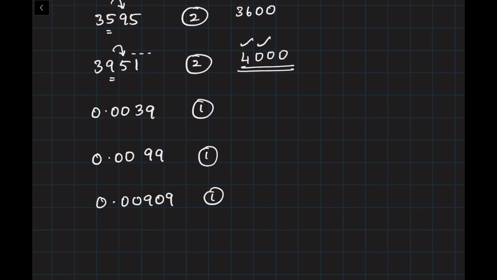Understood? So this is a special number which you have to be careful, 3951, where you are rounding the digit 9, because the number following 9 is 5, and 5 is again followed by a non-zero number, so you have to add 1. You added it, you got 4000. In the number 4000 there is only one significant figure, but it should contain two significant figures. But according to the rule, the first two numbers will be significant in that case.